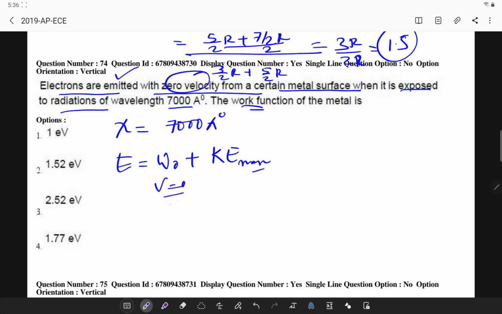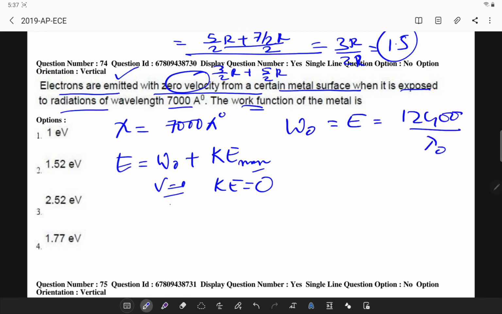Here velocity is 0, therefore KE is 0, and the work function is simply E, and we have E as 12,400 by lambda. So here it is 12,400 by 7,000 angstroms. So it is simply 1.77 electron volts.